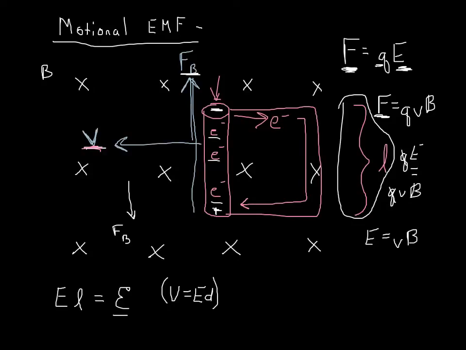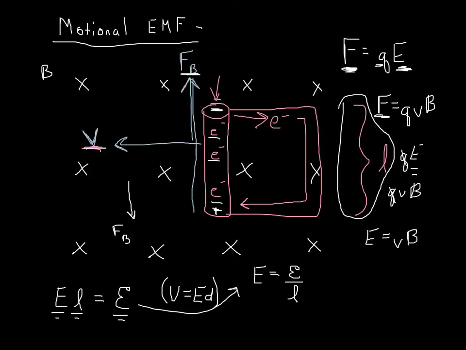Our induced potential is equal to the electric field that's induced times the distance over which it's actually induced. And I can plug these values in. I can solve this wonderful little equation for E to find that E is equal to an induced EMF divided by the length of the wire.